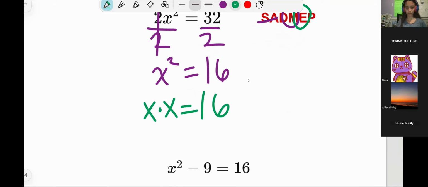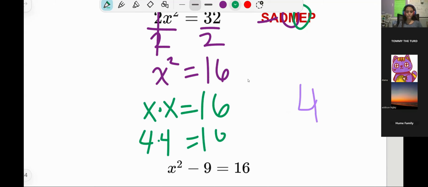If something squared is 16, that doesn't mean something times 2. That means a number times itself. And when you start going through those numbers, like 3 times 3 gives me 9, 4 times 4 gives me 16, right? So the value of x would be 4. In other words, x equals 4 because 4 squared equals 16.